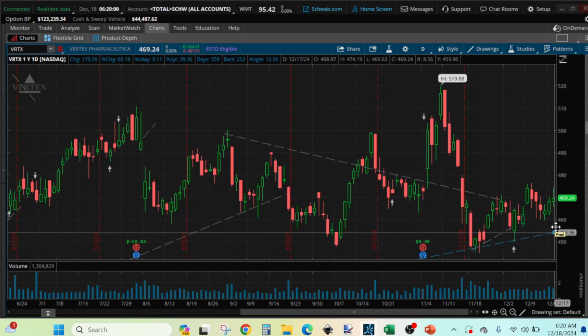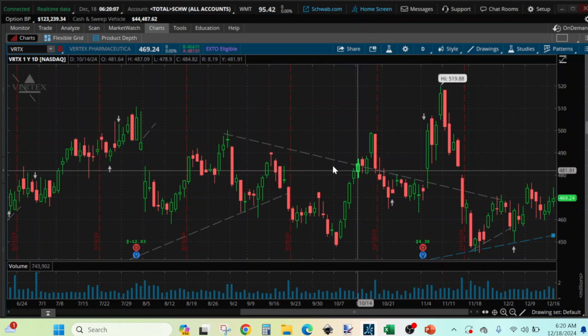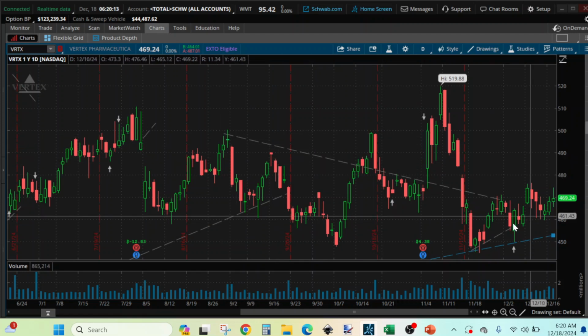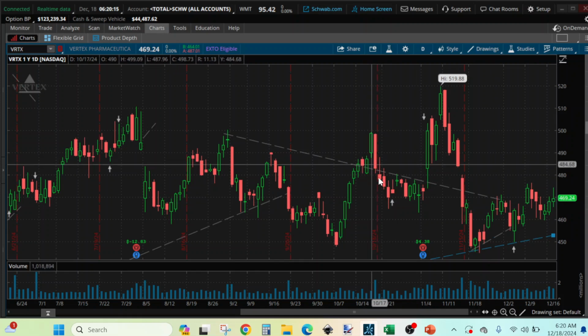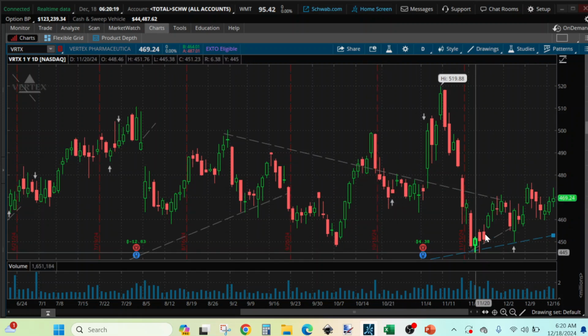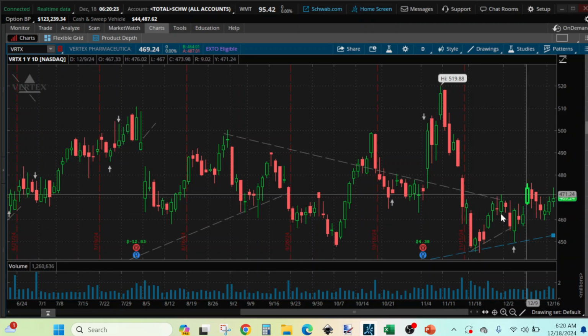If I can actually move this line, okay, there is this thing that I traced before. But yeah, let's see. Yeah, it's not even that, but anyway, it pretty much stayed here quite a bit.